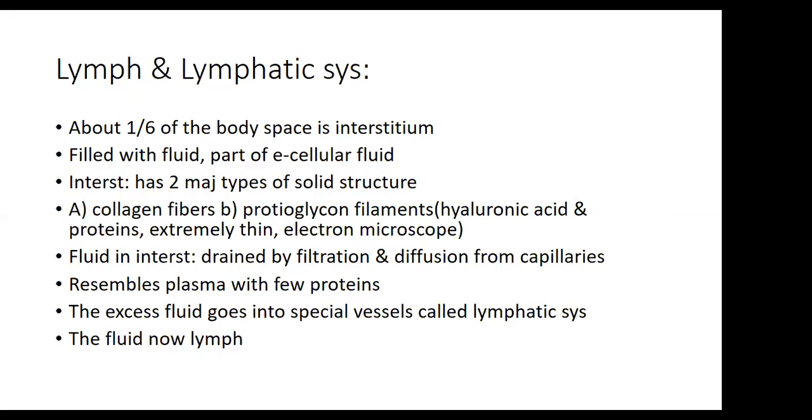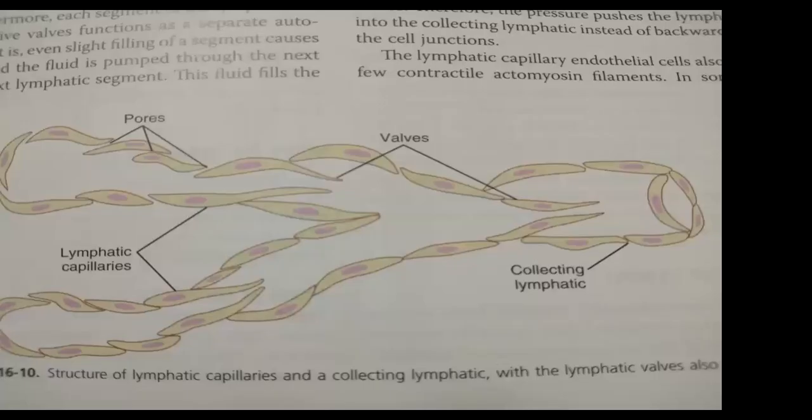Another vascular system has been created, and that is called the lymphatic channels. You also know that once this interstitial fluid gets entry into the lymphatic channels, it becomes lymph.